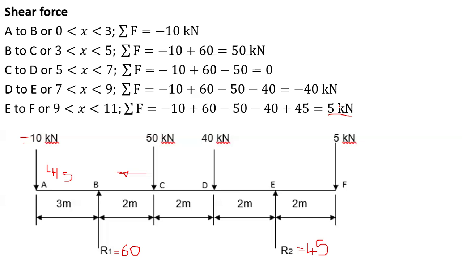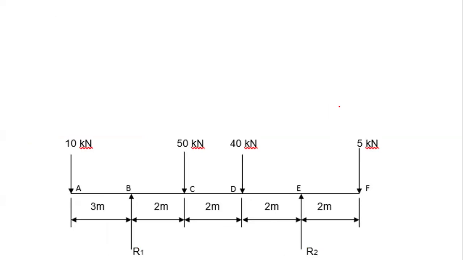What about the bending moments? Let's bring back the same diagram. With bending moments, you respect the distances. So you're going to move point by point. I'll start with point A, I'll go to point B, C, and so forth.